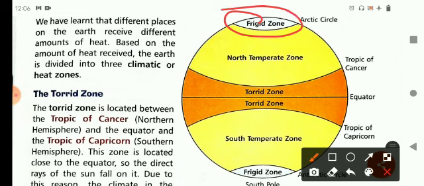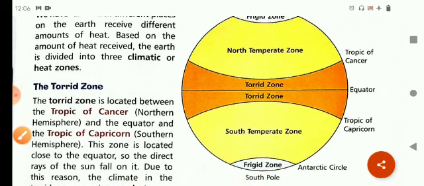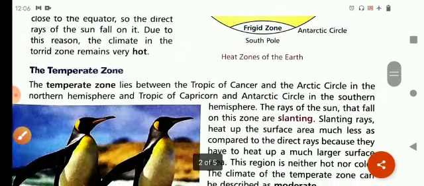This is the area located between the Arctic Circle and North Pole in the northern hemisphere. And this one, Antarctic Circle and the South Pole in the southern hemisphere. This is called the frigid zone.